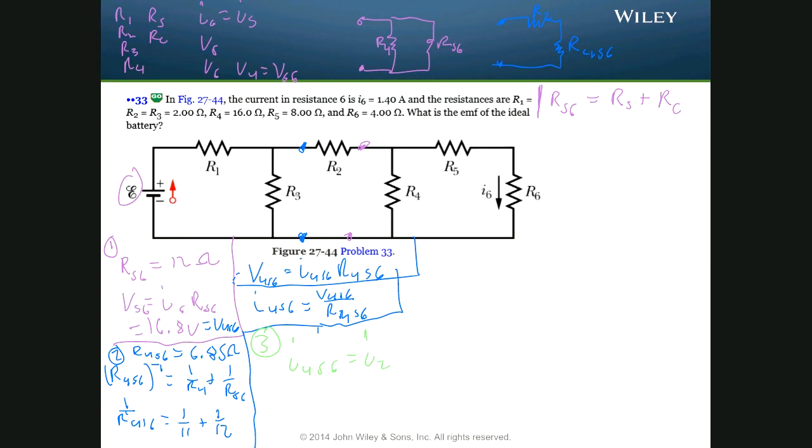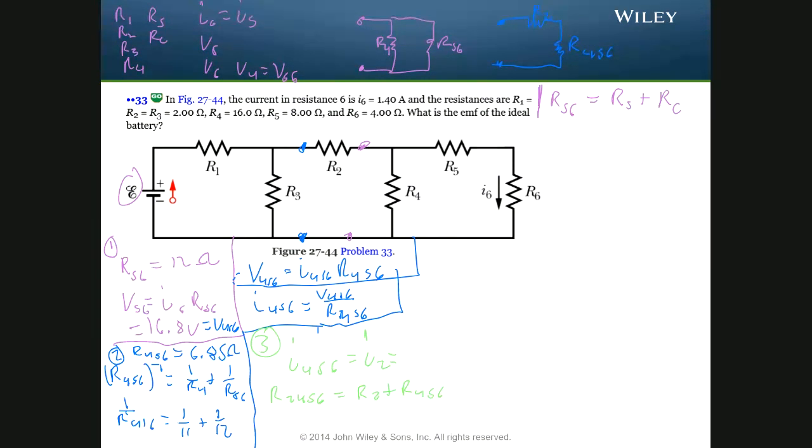And we know that R2456 has to equal R2 plus R456.